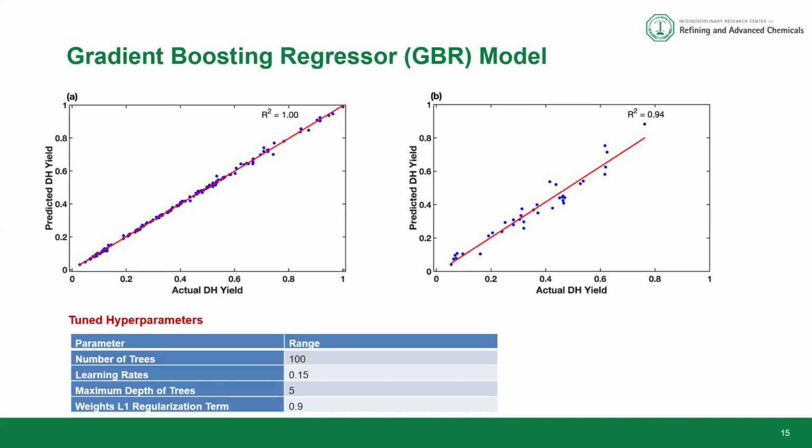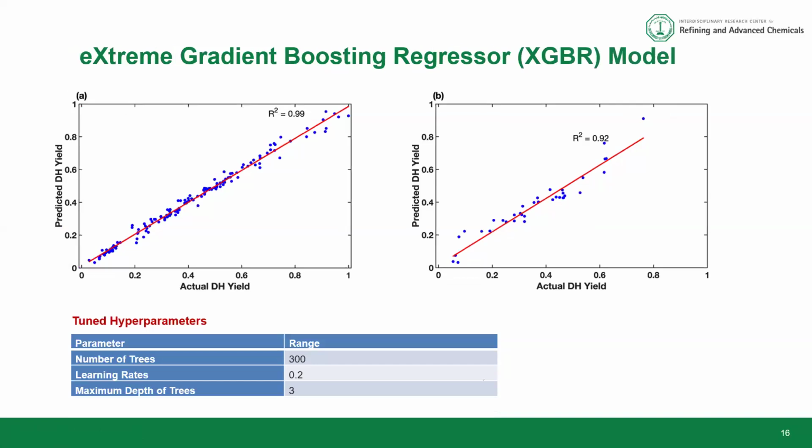This GBR model gave a perfect training R-square, and also a very high R-square value for the testing data. That means it was able to really understand the data, and it predicted unknown data with very high accuracy.